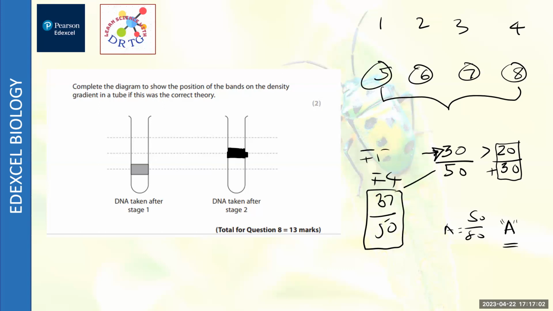So we are exceeding above 50 then. Yeah, you got 30, right? Tisara, you got 30.